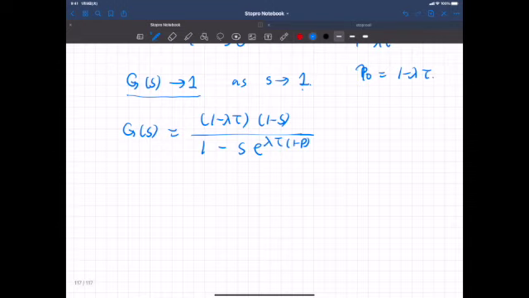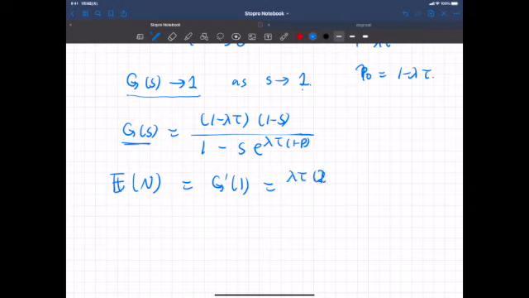For example, the expectation value of the length of the queue can be calculated by the first derivative of this function. So differentiate this function with respect to s and take the limit s going to 1, then you should have this. Basically this is this, and the result should be this. I just give you the final answer.